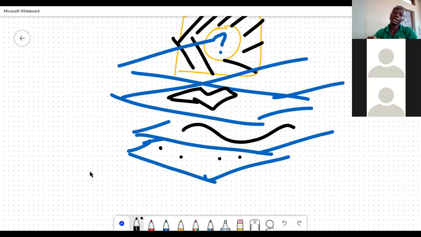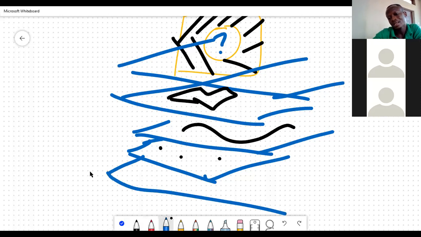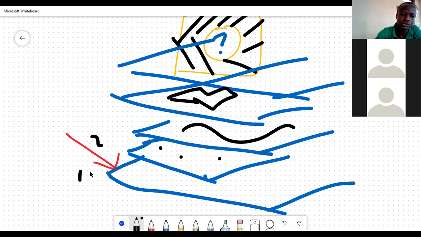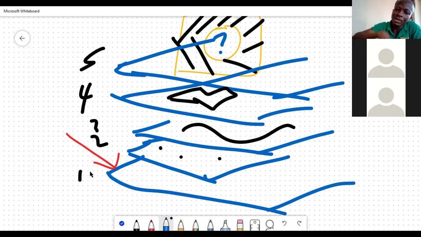And then you decide that you want to add a satellite imagery as part of the layers. So maybe the layer at the bottom is a satellite image. So how many layers do we have? We have 1, 2, 3, 4, 5. And then they are all for a particular place.